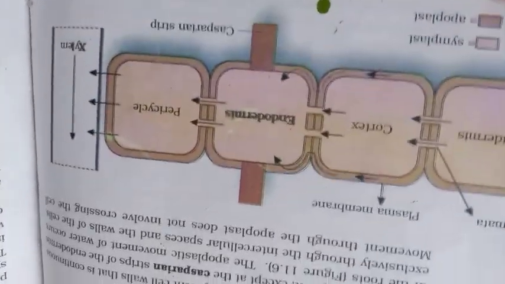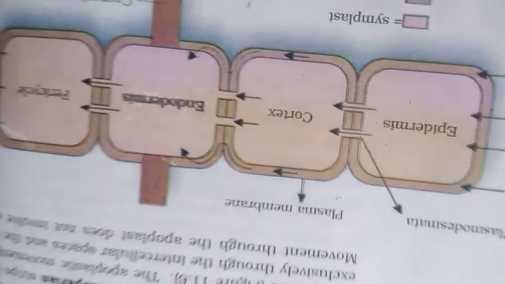As the cells lie adjacent to each other, their cell walls are common and water is absorbed through cell walls from cell to cell, except at the Casparian strips of the endodermis in the roots. The apoplastic movement of water occurs exclusively through the intercellular spaces and the walls of the cells. Movement through the apoplast does not involve crossing the cell membrane.